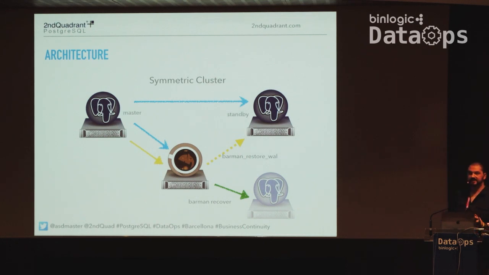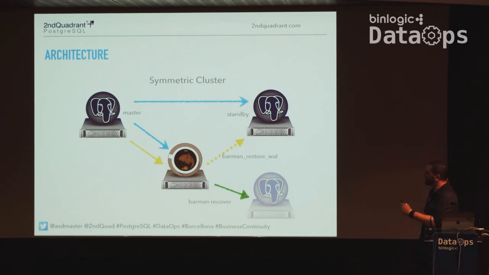We can call this a semantic cluster. This is an important concept. Why? Usually we consider the master and the standby, but if we for a second stop thinking about the concept of master and standby, we realize that we can switch the roles of the master and the standby at every moment. So if the master is not available, the standby can become the new master, and vice versa.